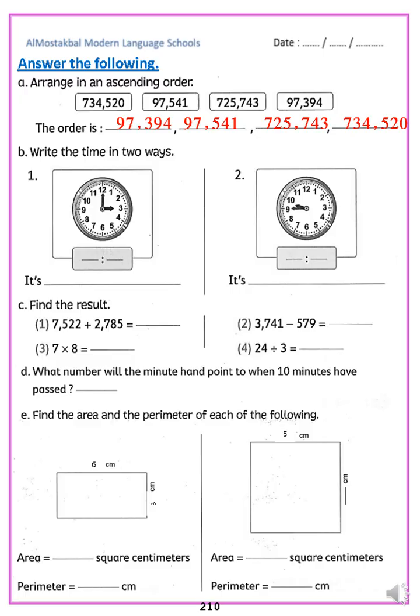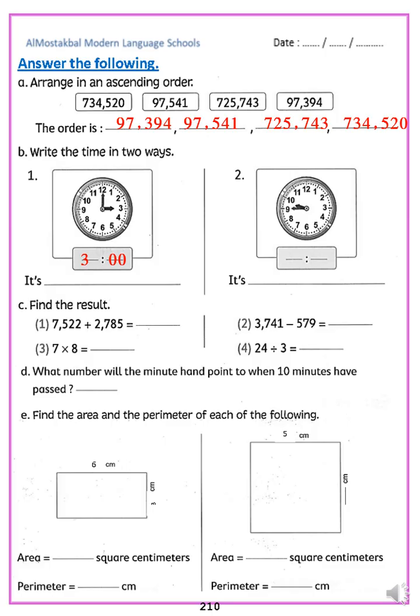Write the time in two ways. The first, the short hand points to 3 and the long hand points to 12, so the answer is 3:00.